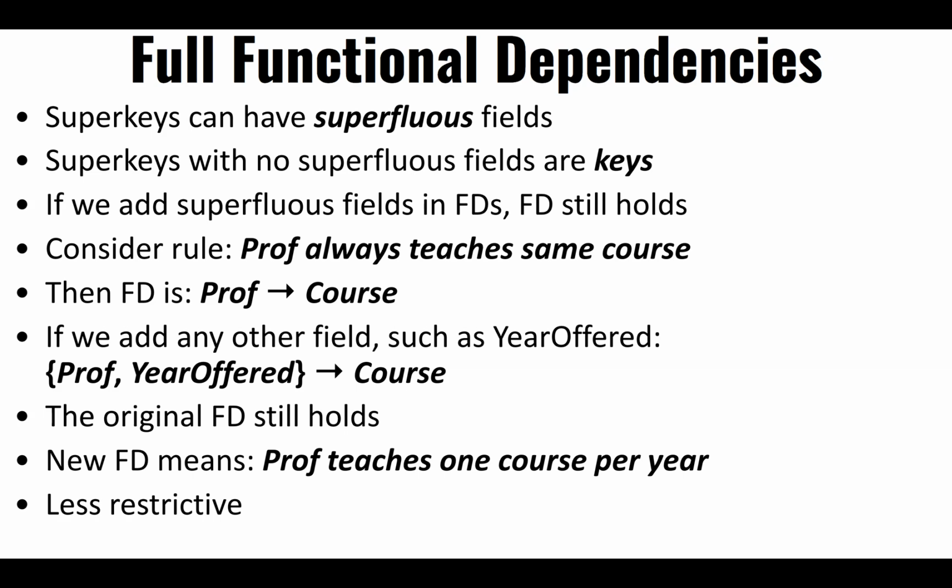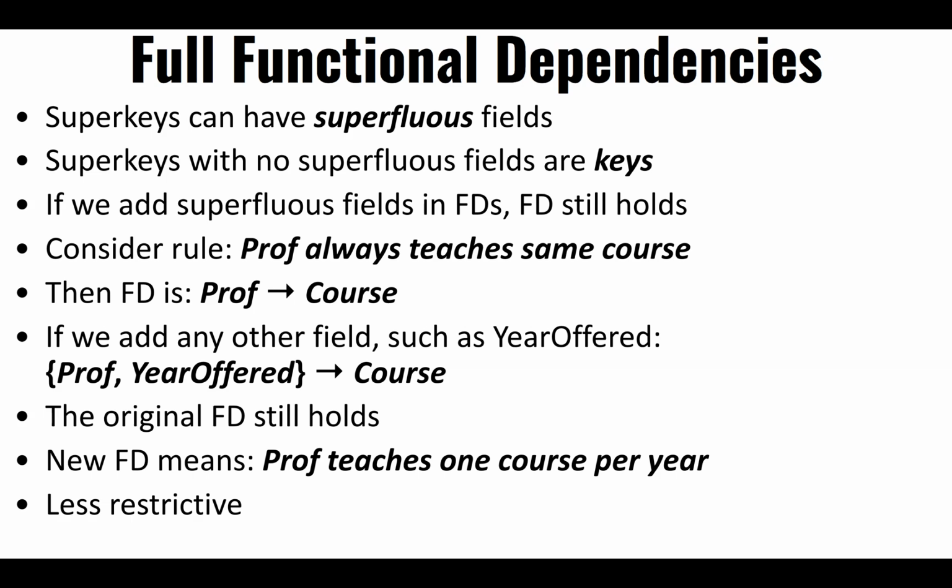We call dependencies that establish a dependency between keys and the fields full functional dependencies, and those are the dependencies between the keys and the fields, which are good. Those are the ones we're looking for.